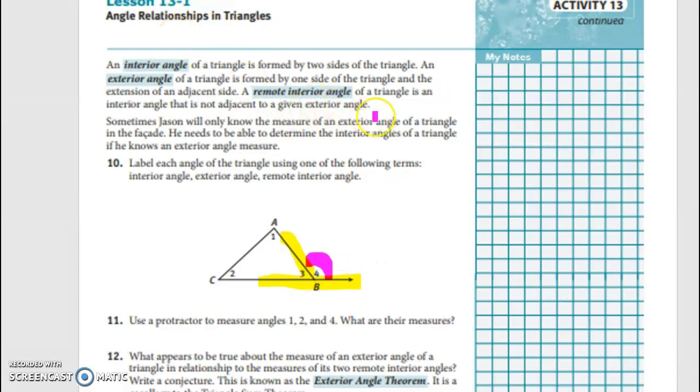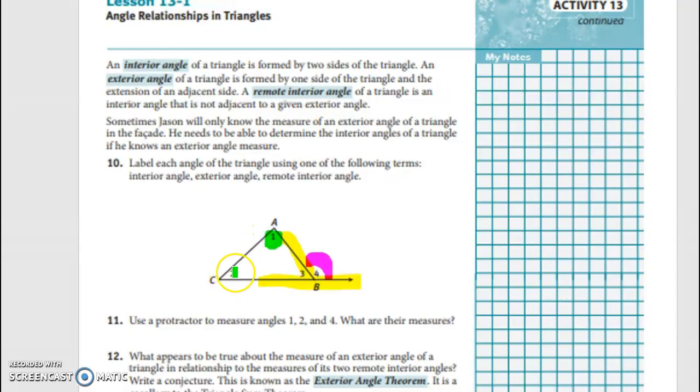Okay, and then a remote interior angle of the triangle is an interior angle that's not adjacent to a given exterior angle. So that means that a remote interior angle, like a remote island, is way off in the middle of nowhere. A remote interior angle is way off away from our exterior angle. It's not adjacent.